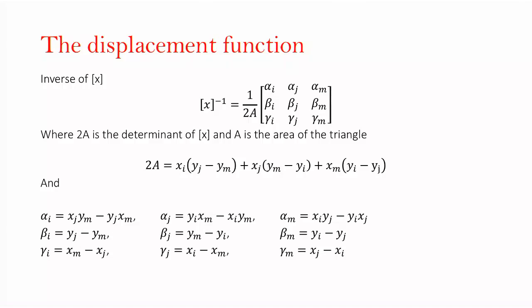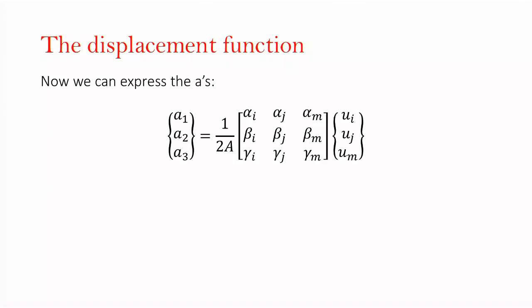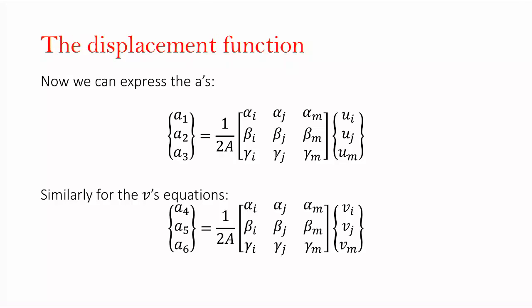You can find these 6 parameters at the bottom of this slide. And then by using the alpha, beta, and gamma, we can find the unknown coefficients. This is for the unknown coefficients for u(x,y), and this is for the unknown coefficients of the displacement in y direction, v(x,y), sorry.